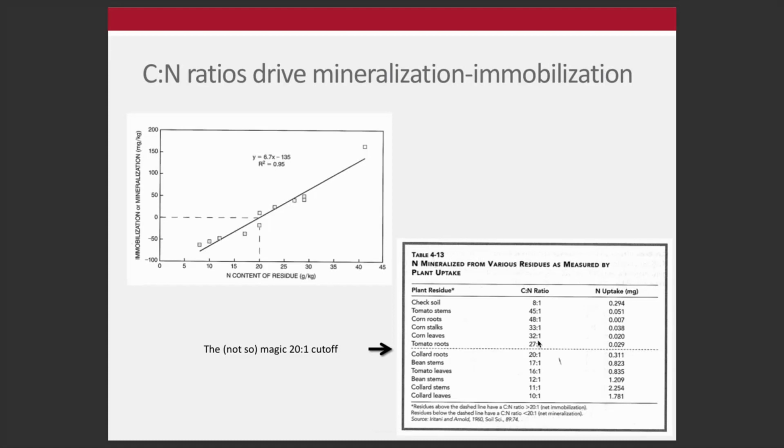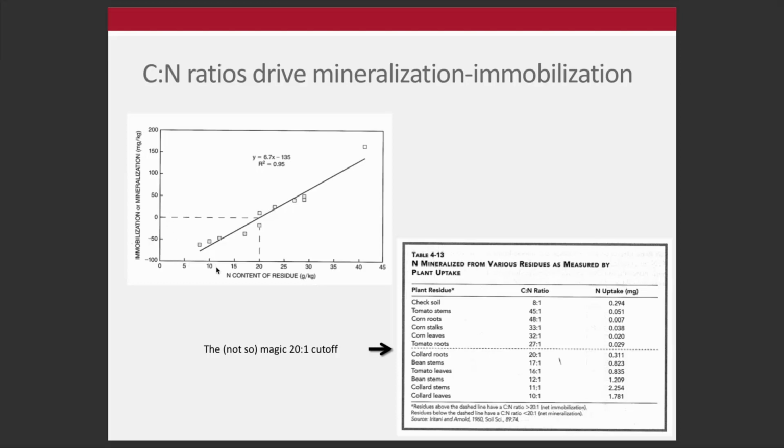So for carbon-nitrogen ratios, there's a lot of things that drive mineralization and immobilization dynamics, but one of the best indicators is this idea of carbon to nitrogen ratios. Here on this vertical axis, the y-axis, we've got immobilization or mineralization, 0 being no net immobilization or mineralization, plus being mineralization, and minus being immobilization.